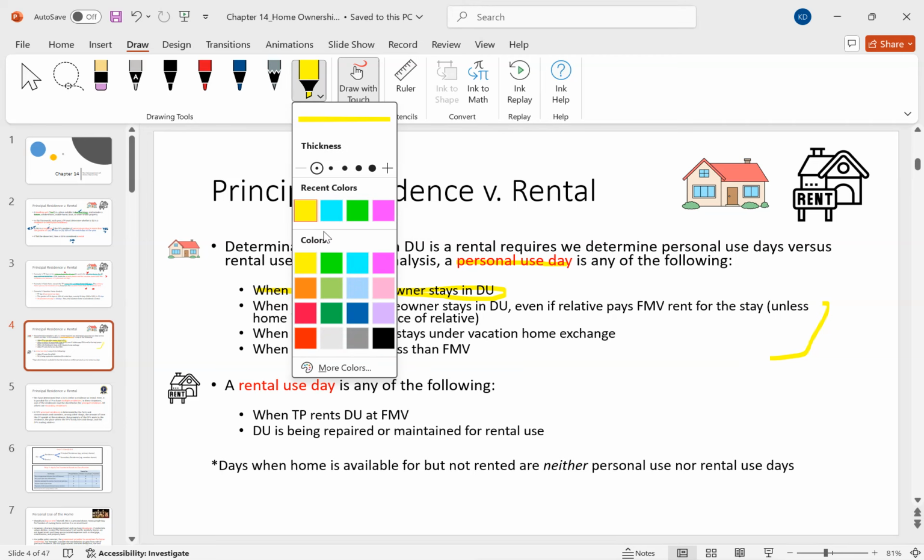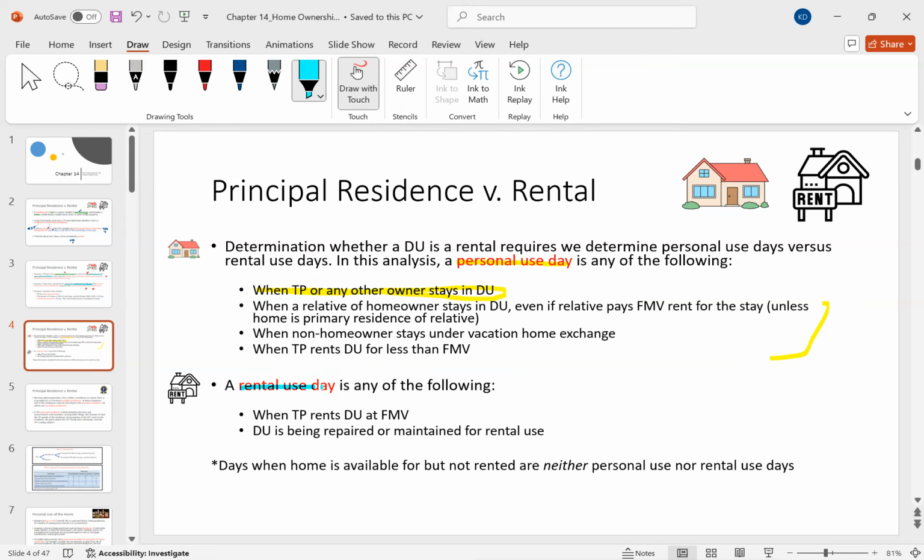In distinction, a rental use day is typically any day that it's rented out at fair market value or it's being repaired or maintained for rental use. So typically personal use day when you stay in it, rental use day when you rent it for what it's worth.